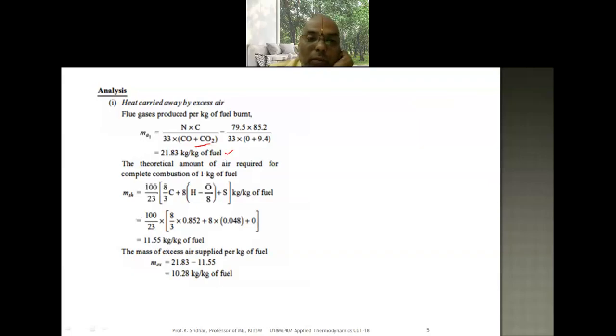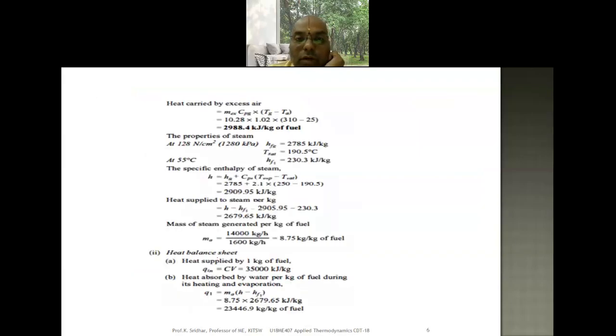The theoretical amount of air required for the complete combustion of 1 kg of the fuel, by substituting all the values in the formula, is equivalent to 11.55. The excess air supplied will be M_EA1 minus M_theoretical, that is equivalent to 10.28 kg per kg of the fuel.